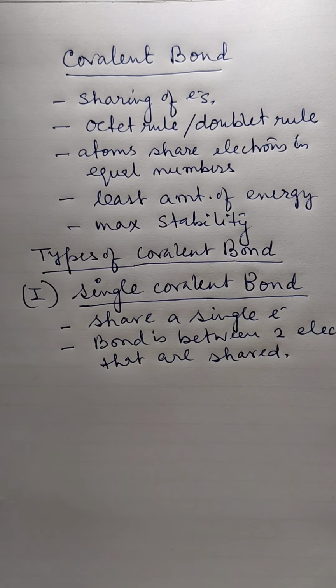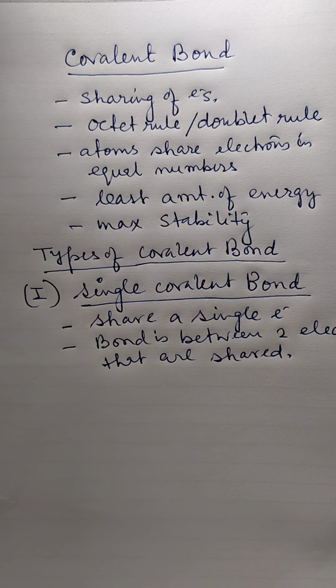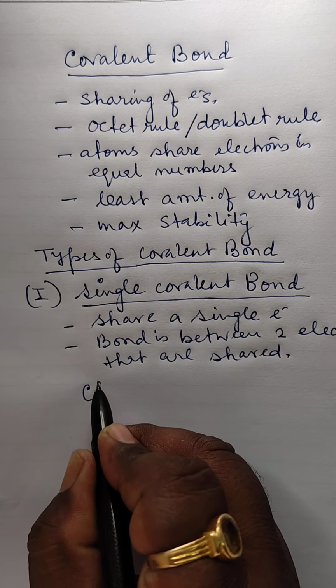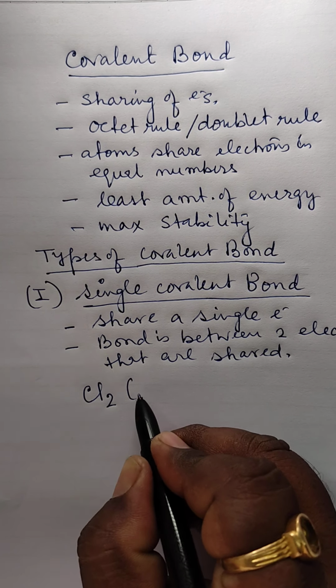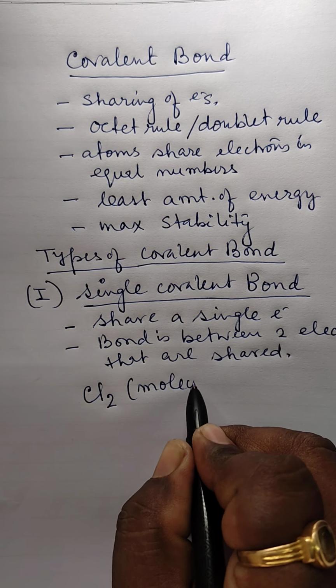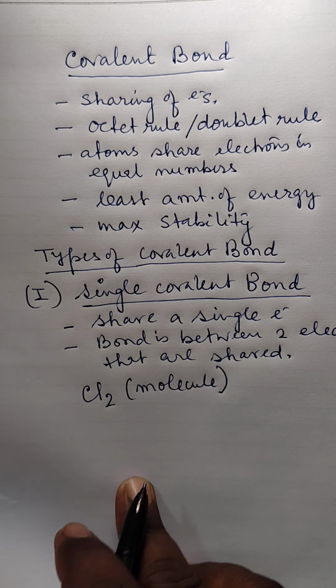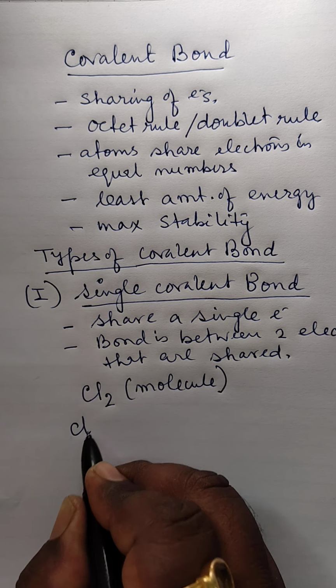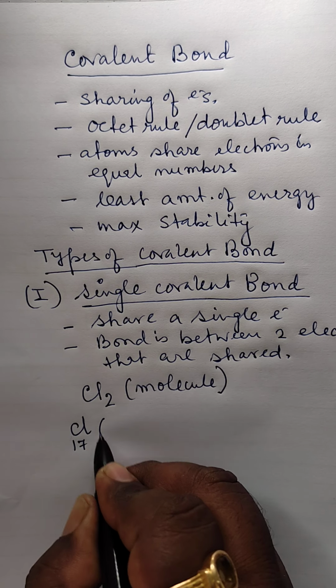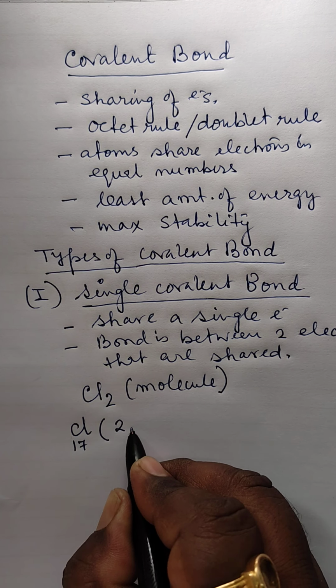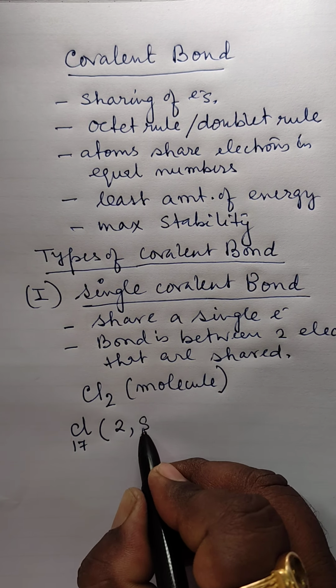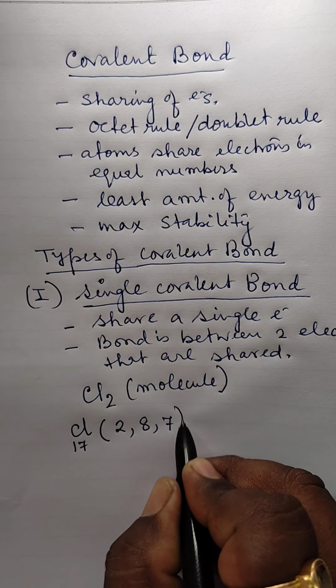One example will make it clear to you. See the example of chlorine molecule. We will discuss the structure of chlorine molecule. Chlorine's atomic number is 17. That means it has 2 electrons in the first shell, 8 in the second shell and 7 in the last shell.